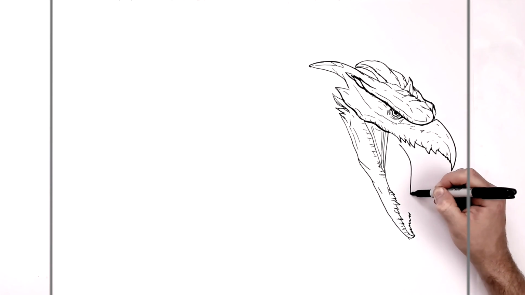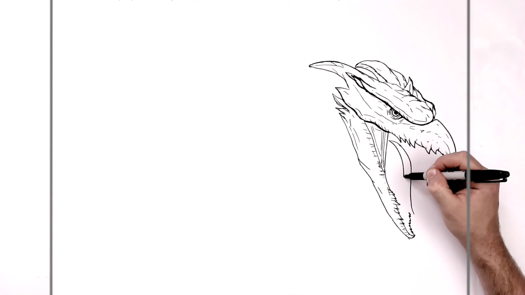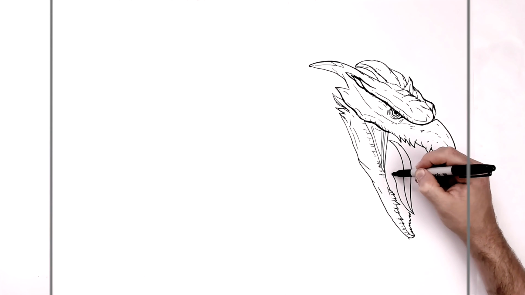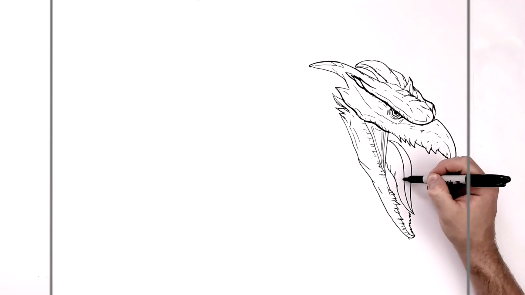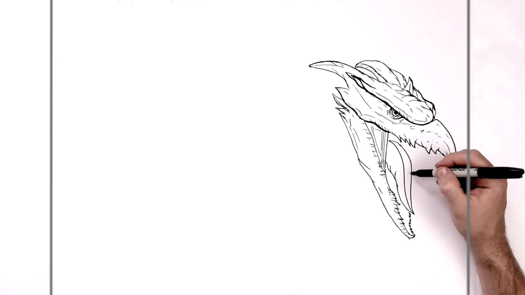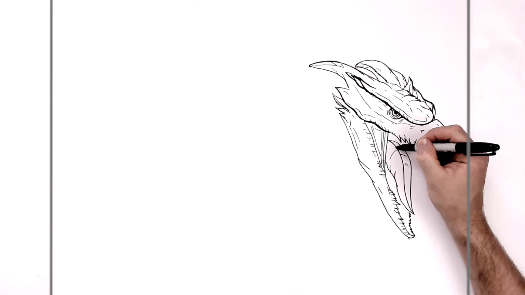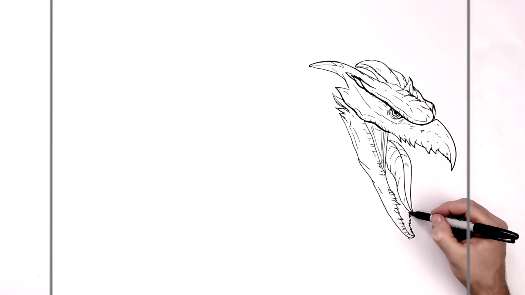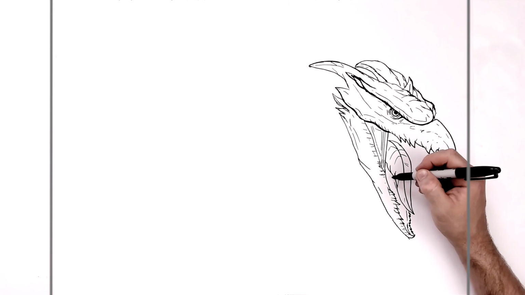So it comes down, goes all the way into the back of his mouth, and then the middle line, real pointy. His tongue could have scales and stuff on it as well. I think it does, but we'll just add some texture sort of like this. And some lines for the inside of his mouth here.